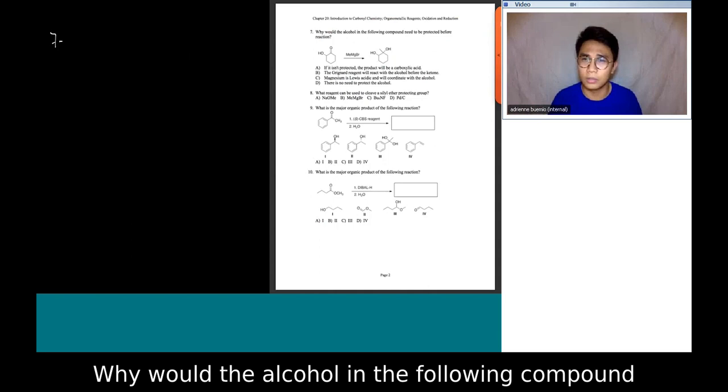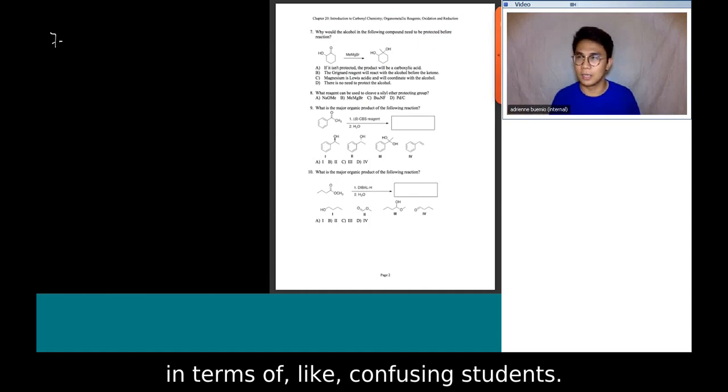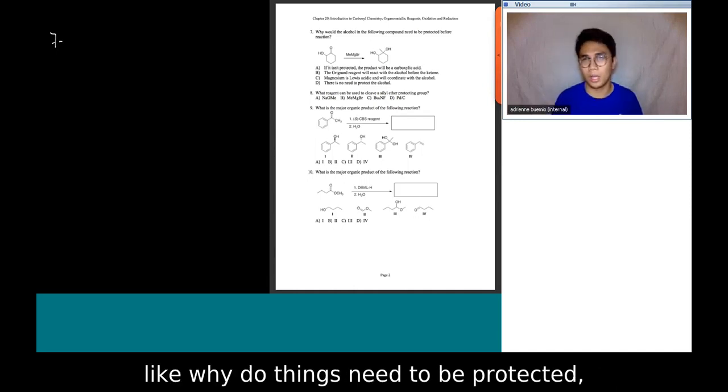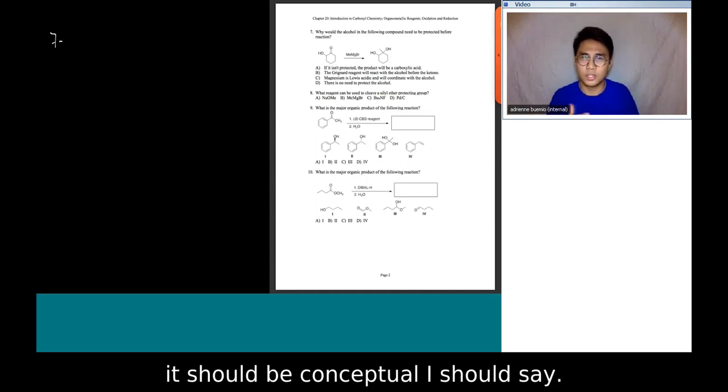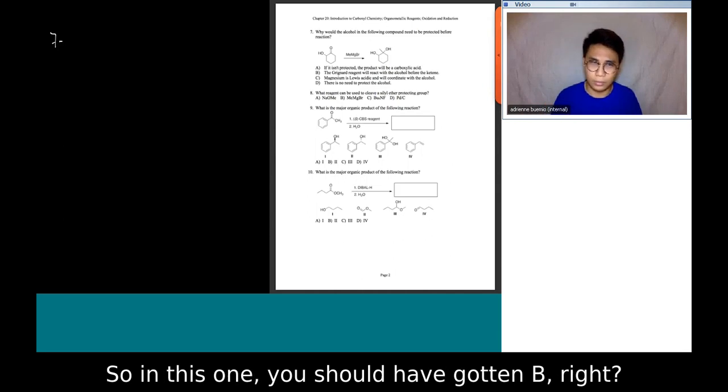Why would the alcohol in the following compound need to be protected? So, this one's always a good question in terms of confusing students. But as long as we know what protection means, like, why do things need to be protected, right? It should be conceptual. I should say it's not very specific. It's just conceptual. So in this one, you should have gone B, right?